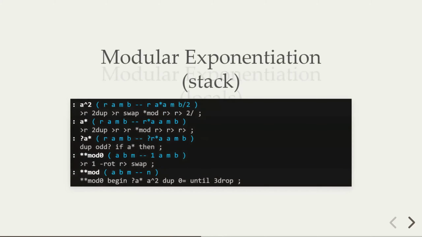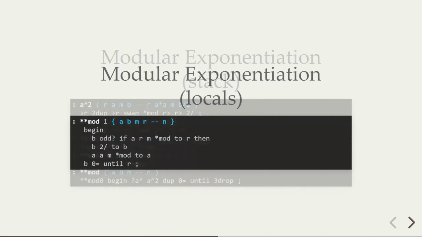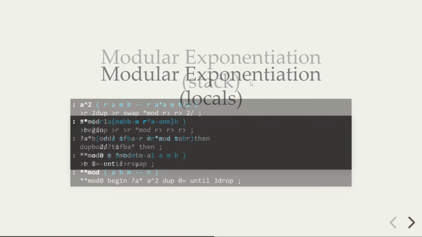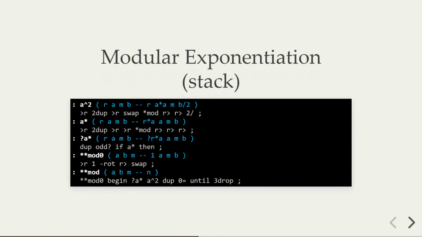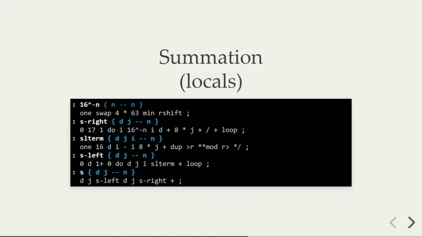For this particular one, I like the non-locals based one, but as you'll see with the next step up, I found that locals were actually helpful for that. So anyways, the key operation here is this star mod, which is a to the b mod m, and then building on that, the next thing you need to do is calculate those S values.